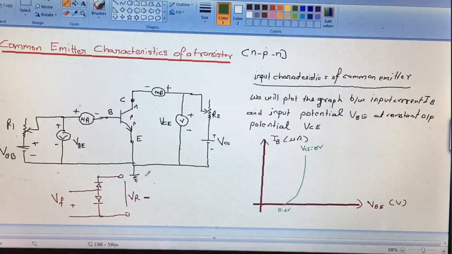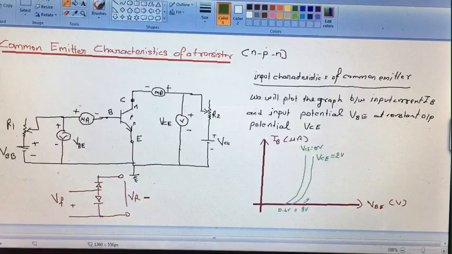Again, I have increased the collector emitter potential. In that case, the current will be 0 for more potential and it will suddenly rise the same as a simple diode. VCE is equal to 2 volt, that is let us say 0.8 volt.